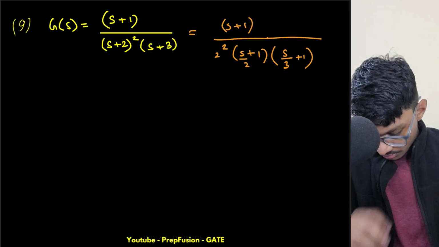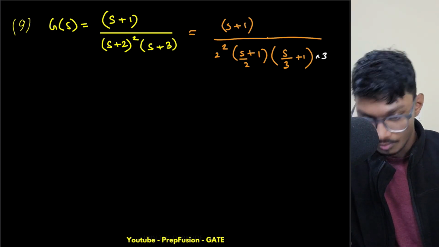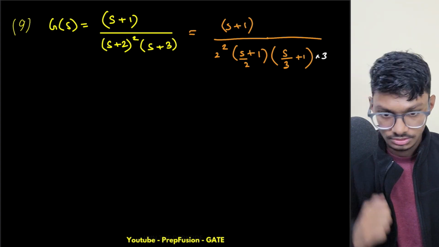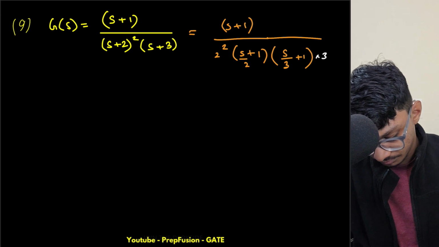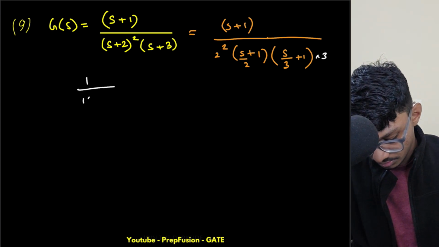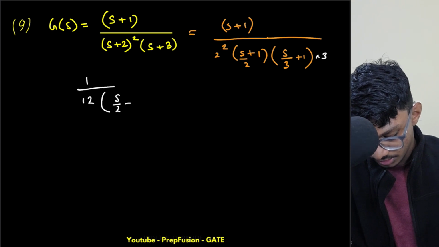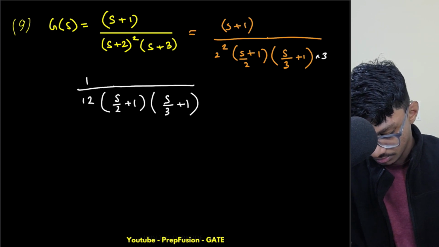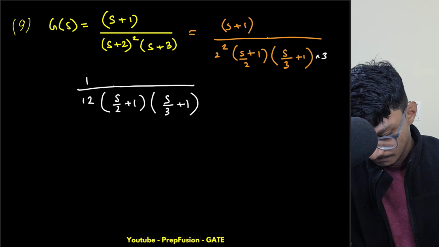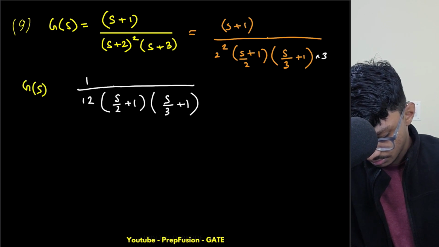Okay, 3 is also common, so this will be 3. And how much is it in the bottom? In the bottom, this is simply 1 divided by 12 into S plus 2 by 1 into S plus 3 by 1. This is my G of S.